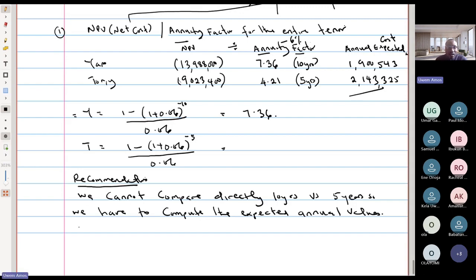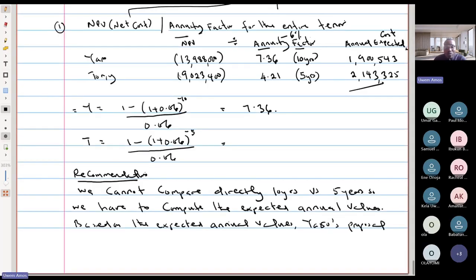Based on the expected annual values, Yarrow's proposal is cheaper and therefore recommended.